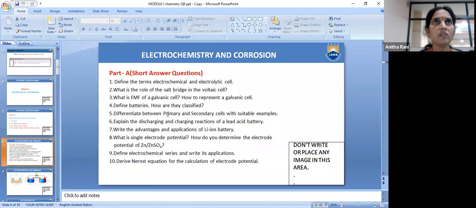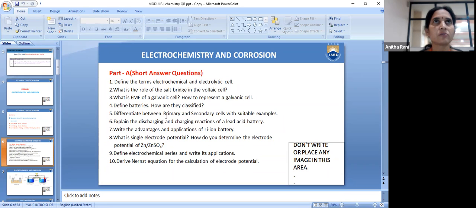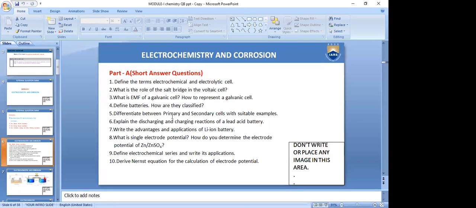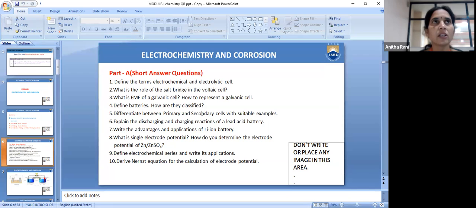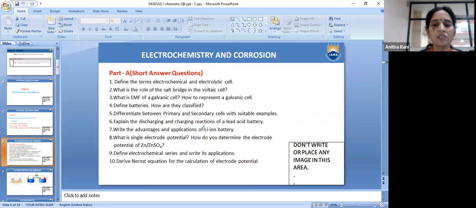In primary only the discharging reaction takes place, and in secondary, discharging and charging. Now explain the discharging and charging reactions of a lead acid battery.